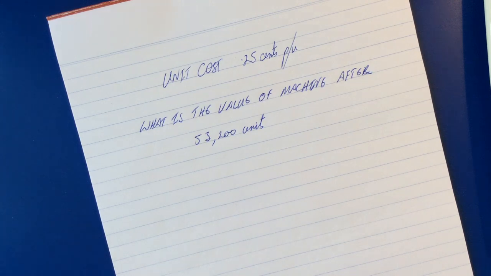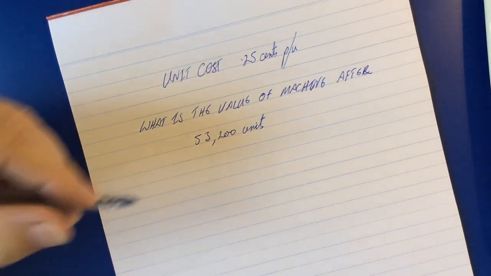Okay, so it may be that at the end of year one, this machine has produced 53,200 units of whatever it produces. We want to know what the depreciated value of this is.